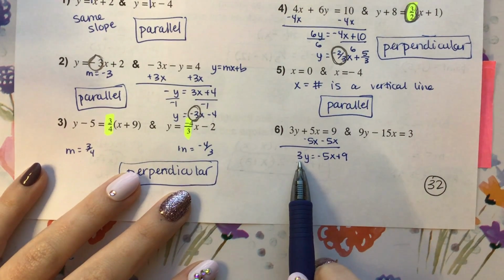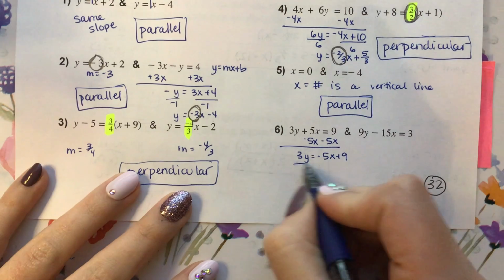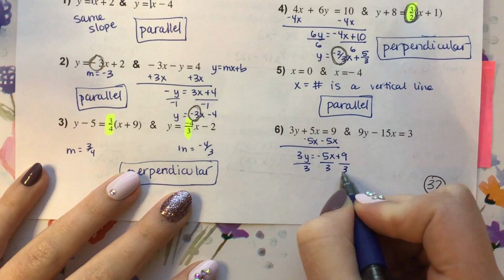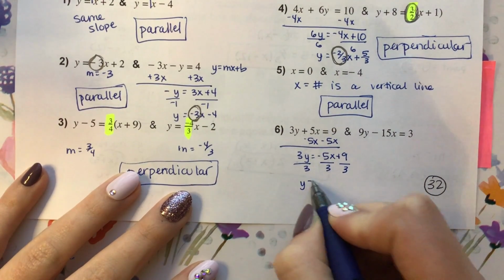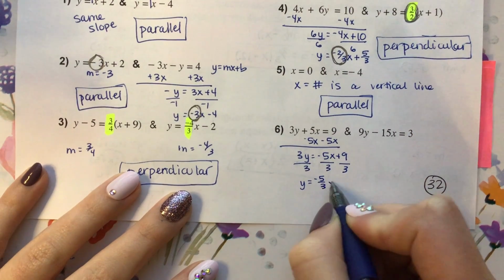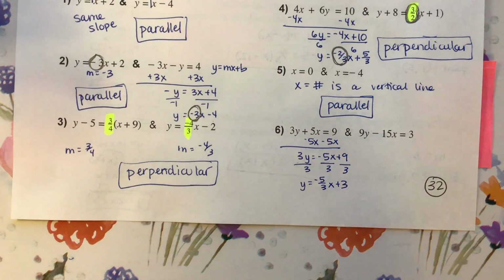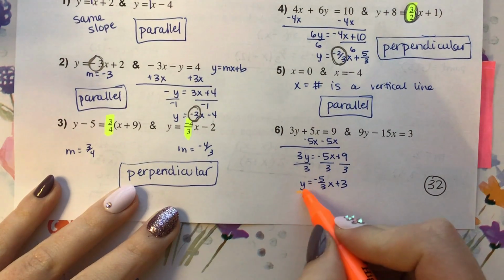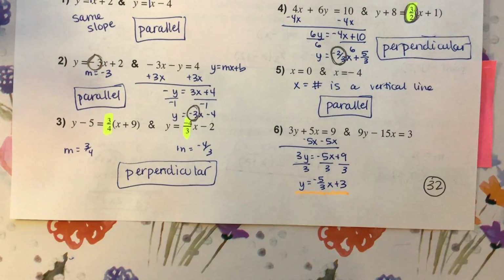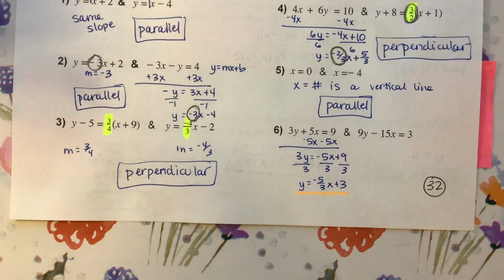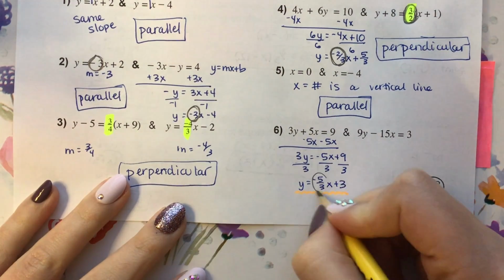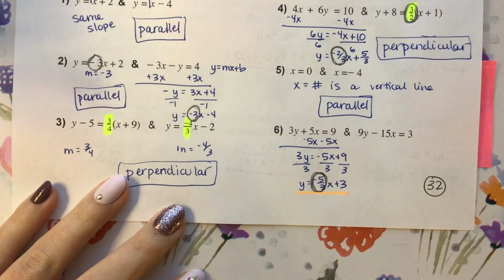This 3 should not be with the y. I need it to go away, so I'm going to divide by 3 everywhere. Y is then going to equal negative 5/3 x plus 3. So there's my first equation that I can easily see, and here is my slope of negative 5/3.